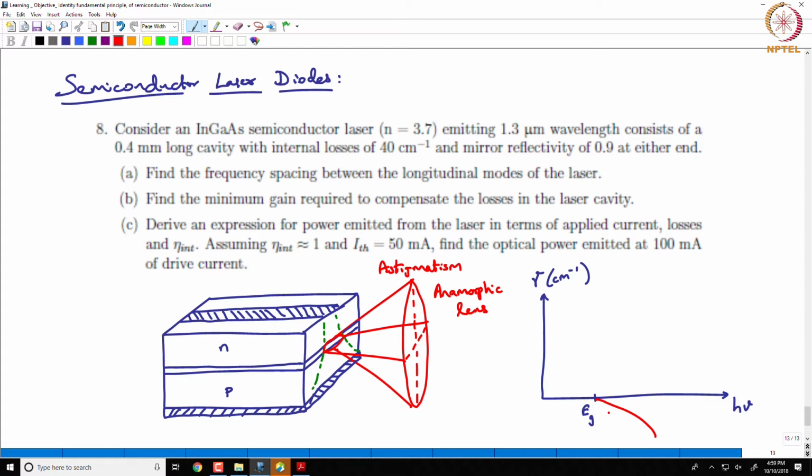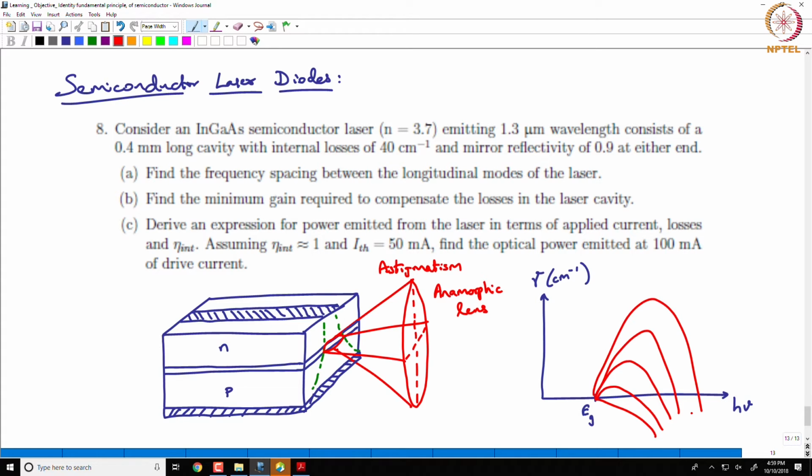Now, you start injecting some current, then you can start having gain, and so you will start having this sort of a picture, and so on.